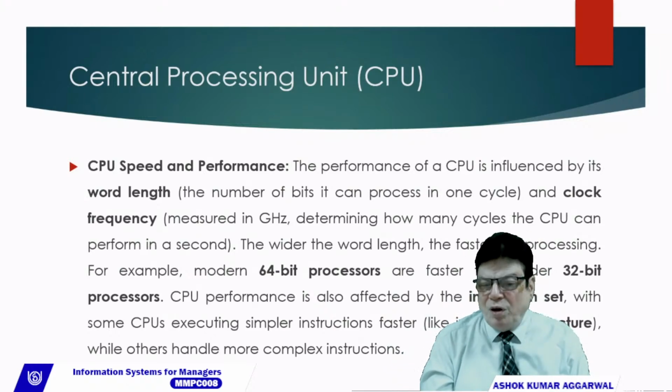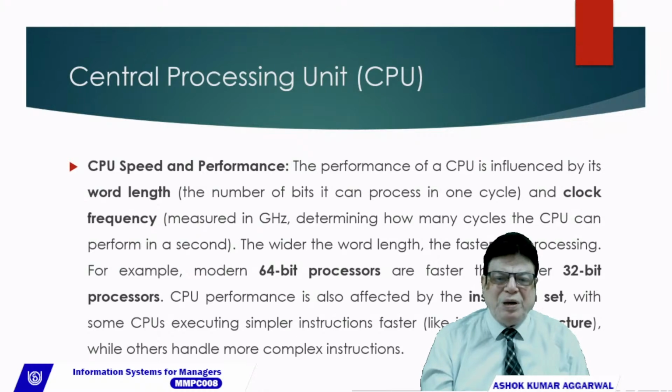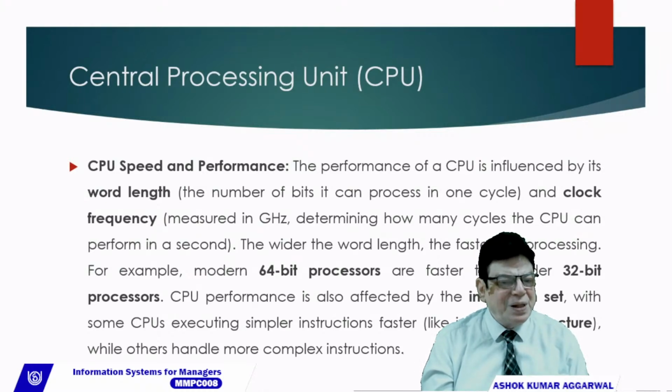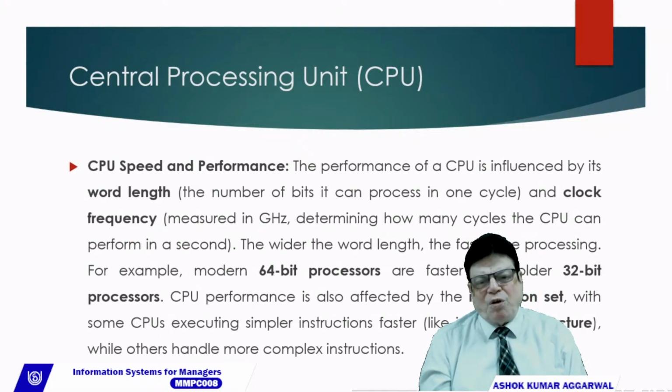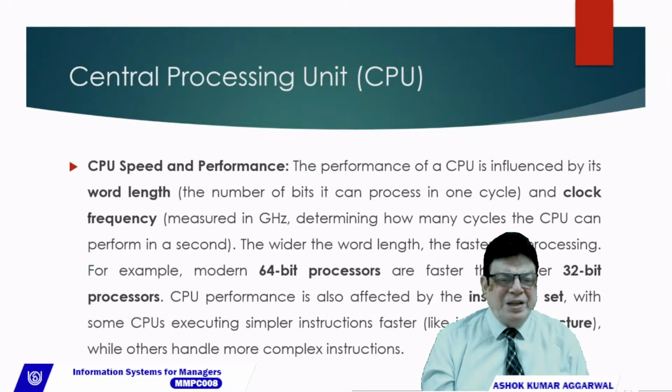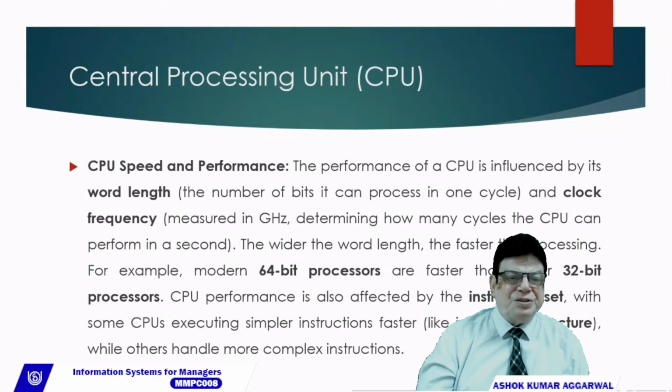The wider the word length, the faster the processing. For example, modern 64-bit processors are faster than older 32-bit processors. CPU performance is also affected by the instruction set, with some CPUs executing simpler instructions faster, like in RISC architecture, while others handle more complex instructions.